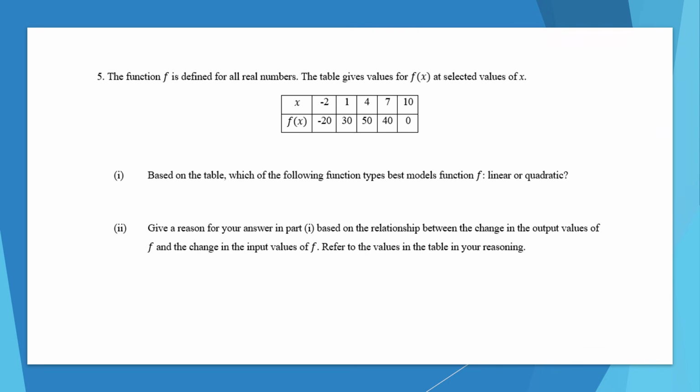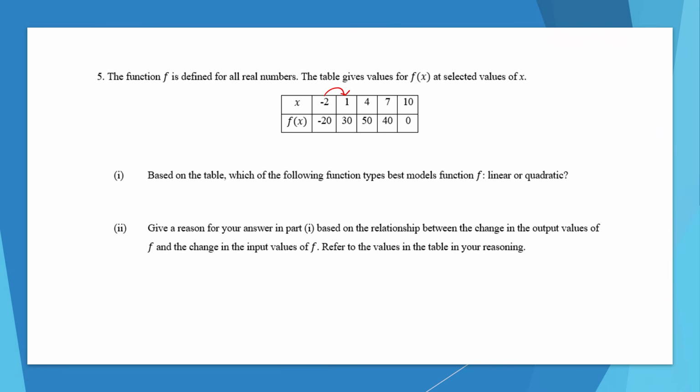All right, number 5. The function f is defined for all real numbers. The table gives values of f of x at selected values of x. Based on the table, what function type best models this function, linear or quadratic, and then give a reason for your answer, right? So first off, let's figure out what this function is.